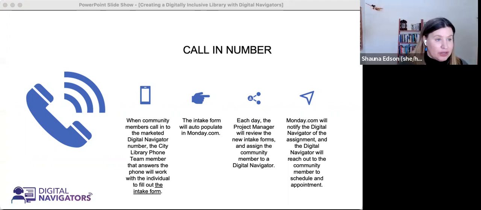We had a call-in number for this project, which we have since phased out of. The call-in number was our main library phone number. So we trained all of our call center staff to be able to fill out the intake form with folks when they called in.